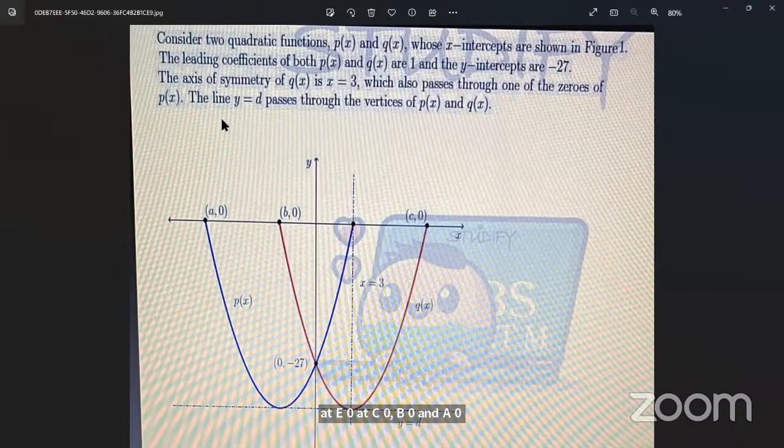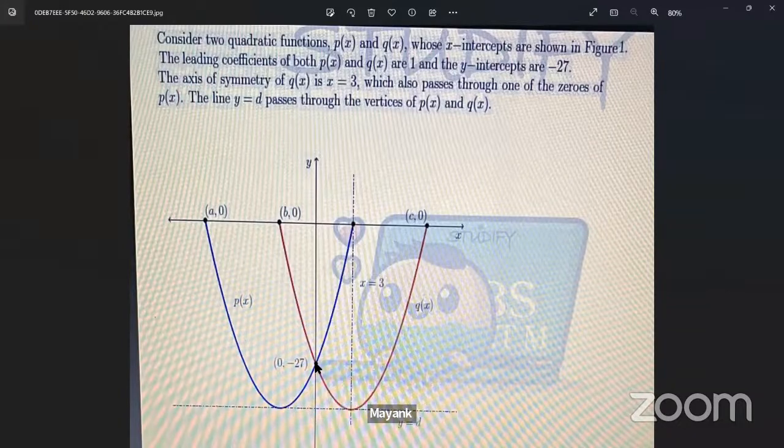The leading coefficient of both px and qx is 1, and the y-intercept is -27. Both functions intercept the y-axis at -27, as you can see here. My pointer is showing now. Is my pointer visible to you, Mayank? Yes, sir.